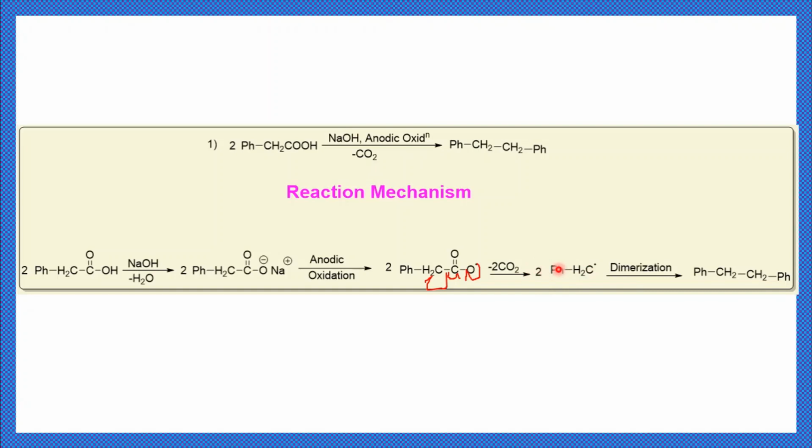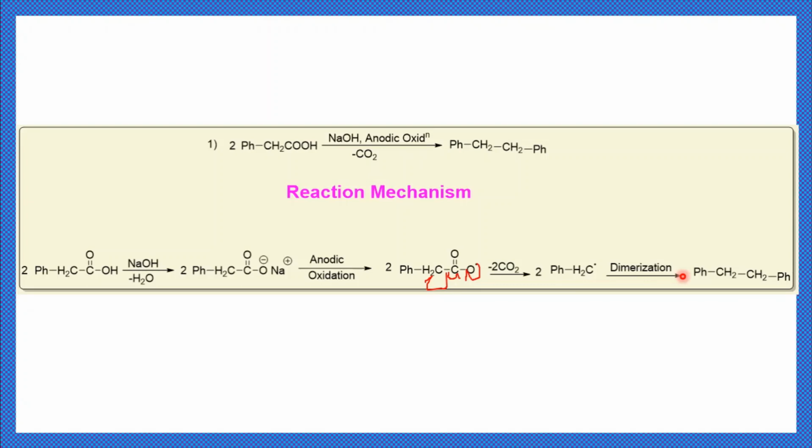You have two PhCH2 radicals. The coupling of these two PhCH2 radicals takes place, and you will get 1,2-diphenylethane. So this is the simple reaction mechanism of this oxidative coupling reaction, and the name of this reaction is Kolbe electrolysis.